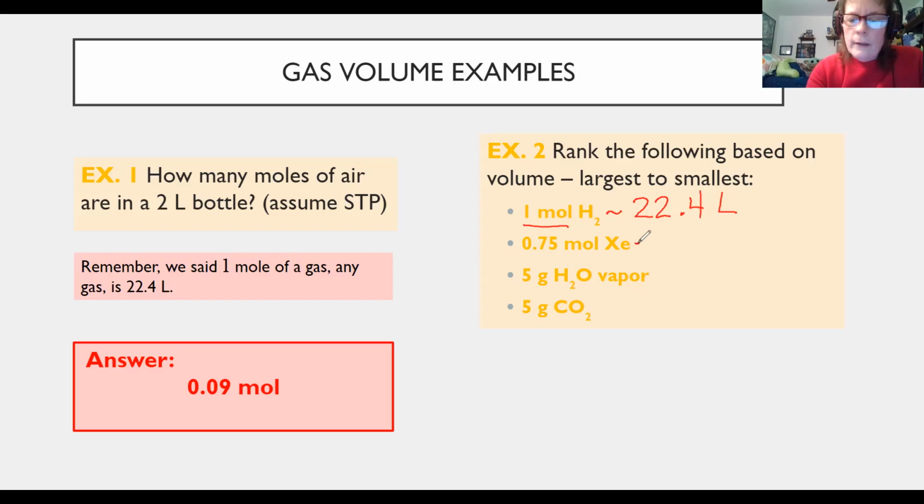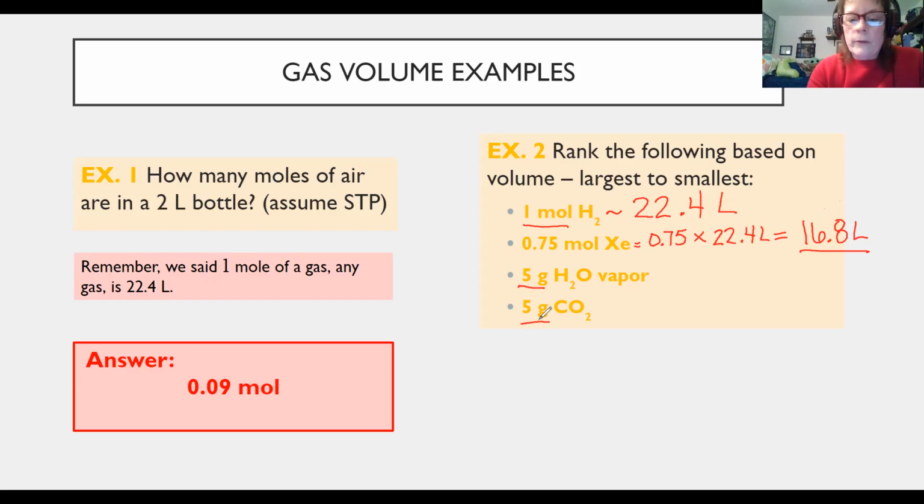So let's take 0.75, multiply it by 22.4 liters to see how many liters we actually have in 0.75 moles. That should give you 16.8 liters.